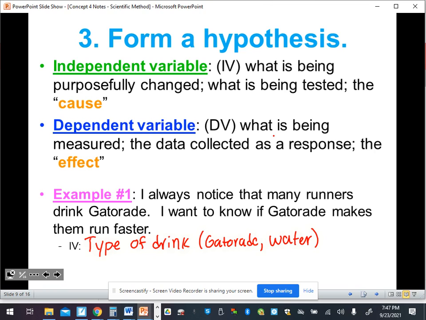We're going to give some runners Gatorade, and we're going to give some runners water. And then our dependent variable is what are we going to measure? All right, so we want to see if they run faster, right? So our dependent variable would be the time of their run, okay? So we'll put time of run.